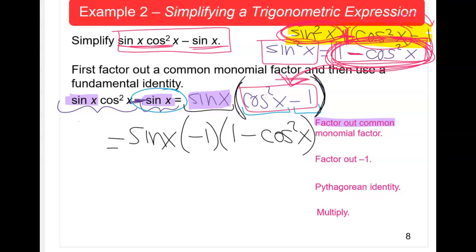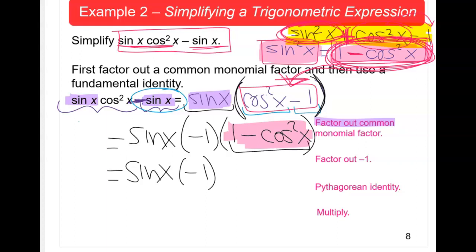Now, because it does look identical to the one we have up here, this one is going to get replaced with sine square x. So we have from left to right sine x, the negative 1 is still there, and then we replace that one with sine square x because it's identical to the Pythagorean identity variation.